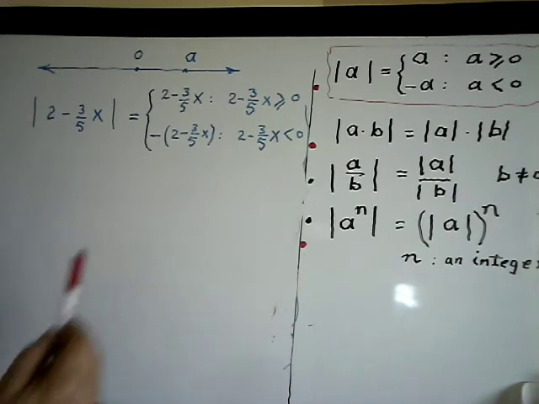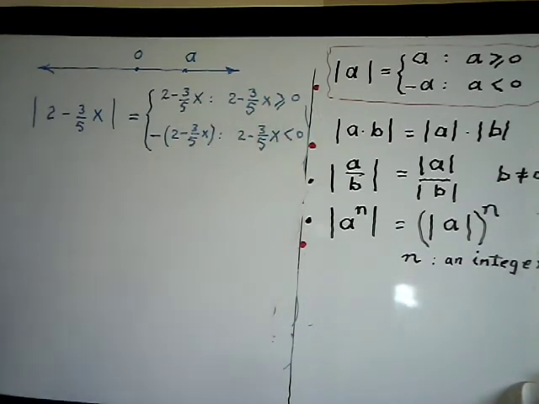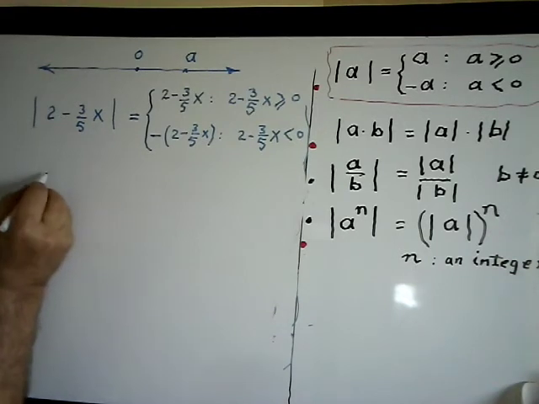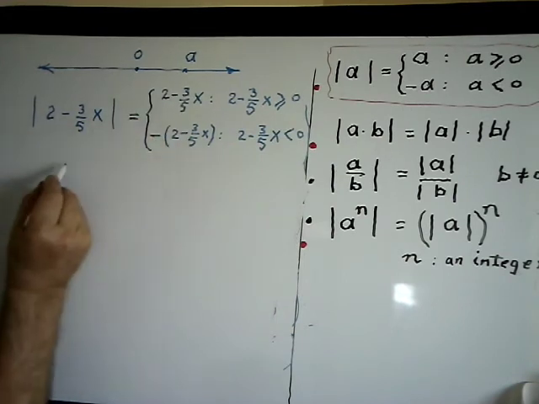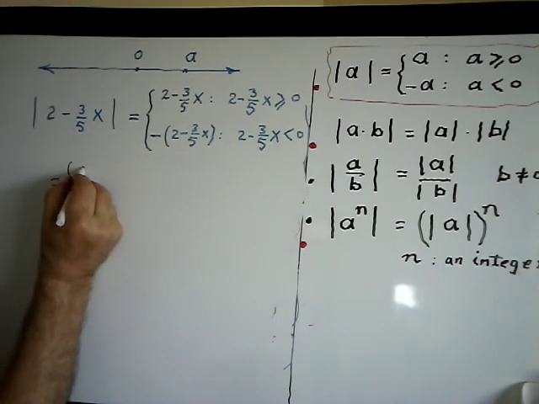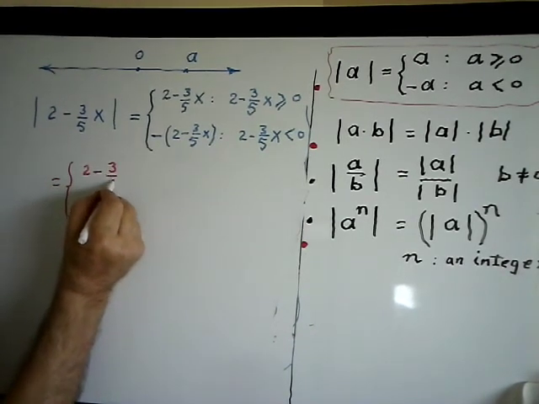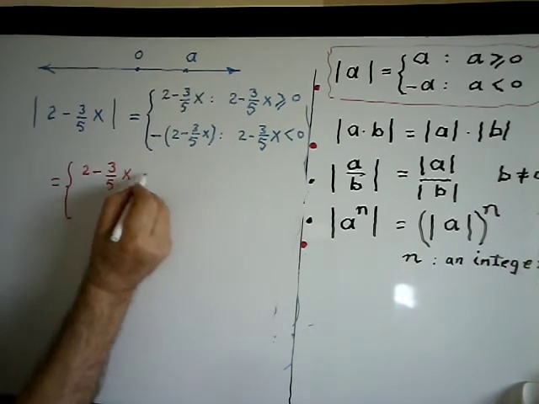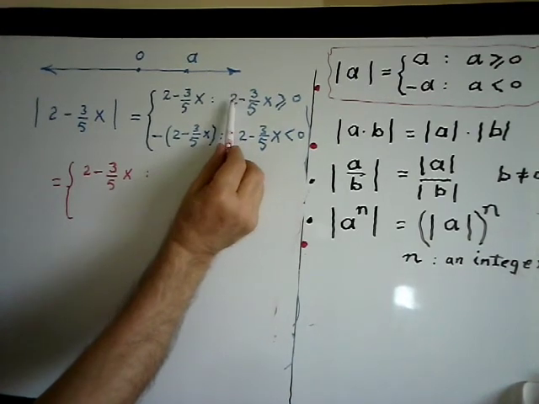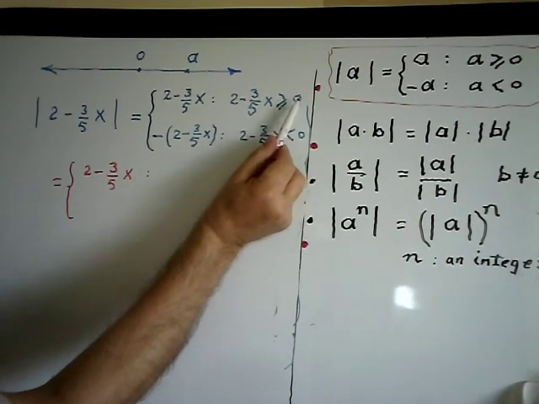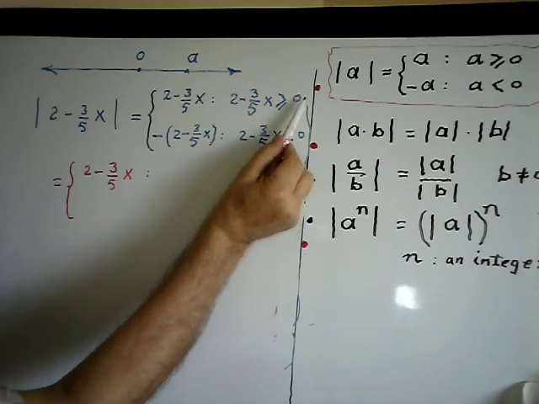Now we try to simplify this inequality and this inequality. So this will be equal the same state, 2 minus 3/5x, where now we have 2 can be transferred to the other side. It is positive here, it will be negative on the other side.